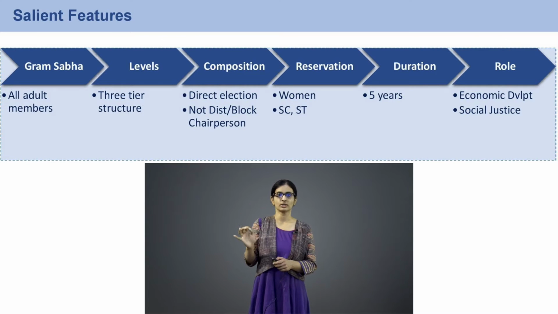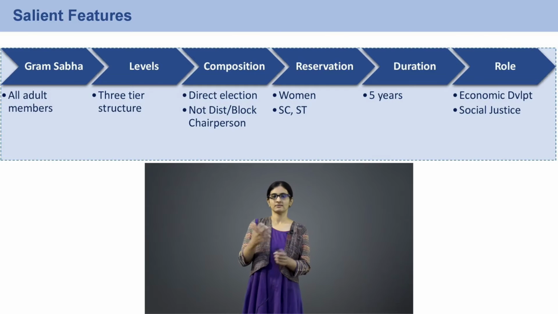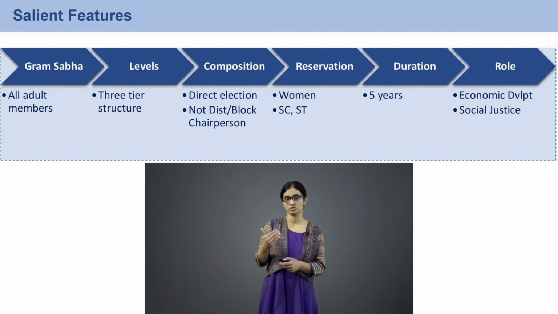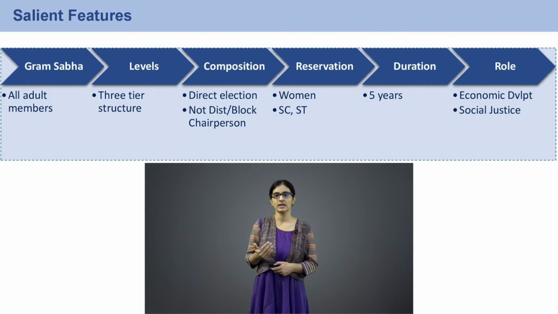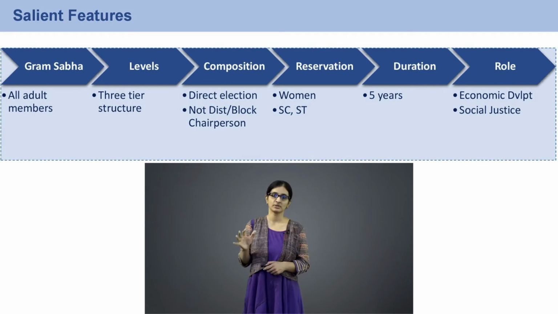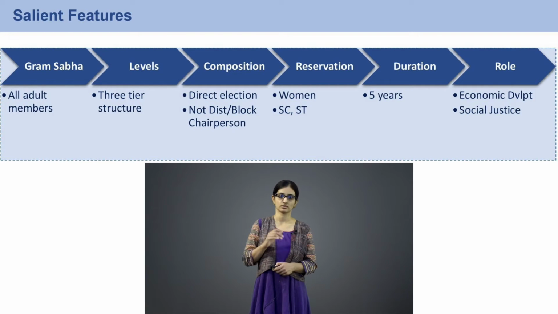The basic unit is the Gram Sabha, that is all the village adult members who are registered as voters. And when we say universal adult franchise, it consists of persons registered in the electoral rolls relating to a village or villages within the area of the panchayat, and the seats are to be filled by direct elections.